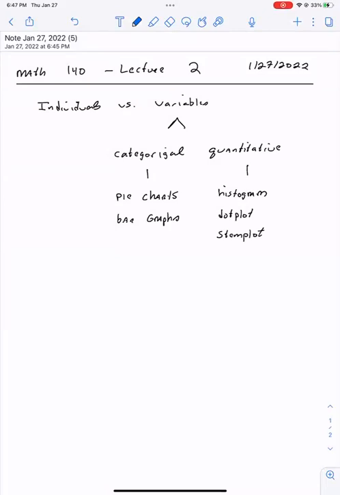Now, whether we're dealing with a categorical variable or a quantitative variable, throughout the semester you're going to quite often hear the term the distribution of a variable. This is a very important concept. It's slightly different in terms of how we use it for categorical versus quantitative, and even within quantitative we can break it up into two different types.